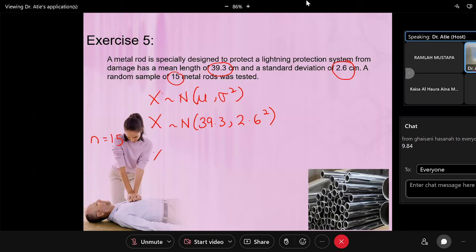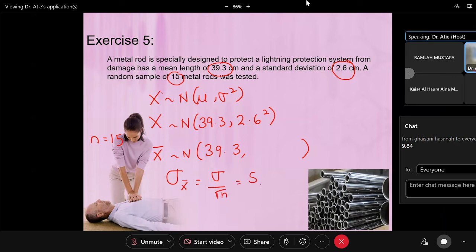And then X bar, and remember the mean will always be the same, but the difference is only the standard deviation. For the standard error, remember when I say the standard error, it means standard deviation for sample, all right? So we have sigma or S over square root of n.